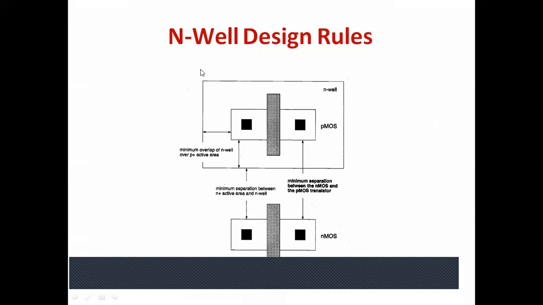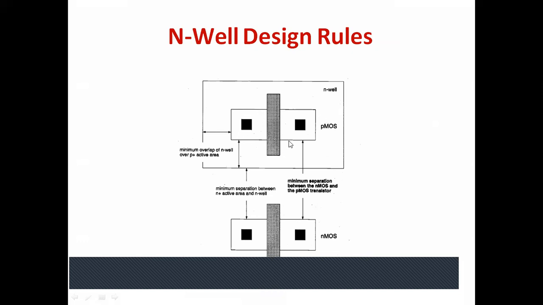So you know that this is the well, the N well we have created. In the N well, this is the P active area. You know that. And P active area. So these are the rules basically. How much overlap should there be?